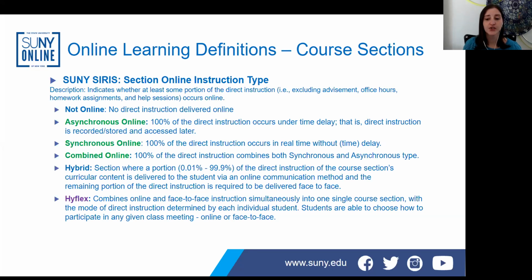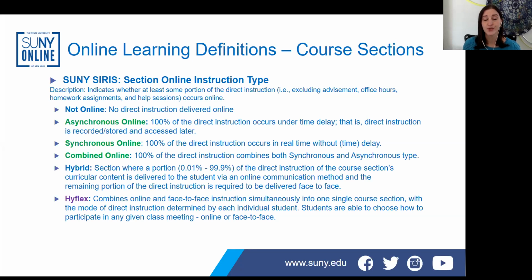And this is where the student is able to choose how they want to participate in any given class meeting, online or face-to-face. So it's different than hybrid because we're not saying you have to come to class every Tuesday at 7 o'clock for 5 weeks, and then the rest of it is online. That's just one example, but we're not telling the students that they have to come at a particular time point.